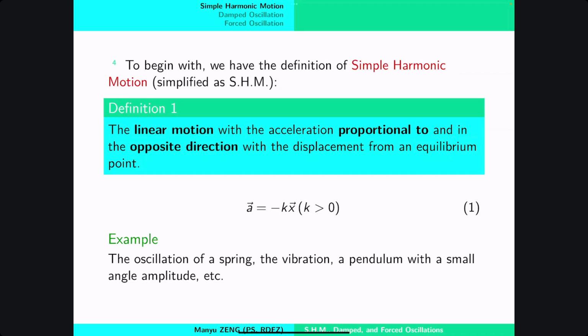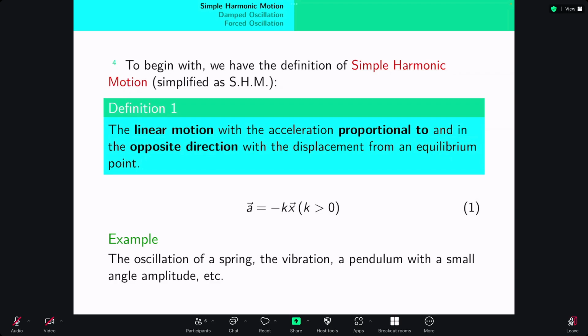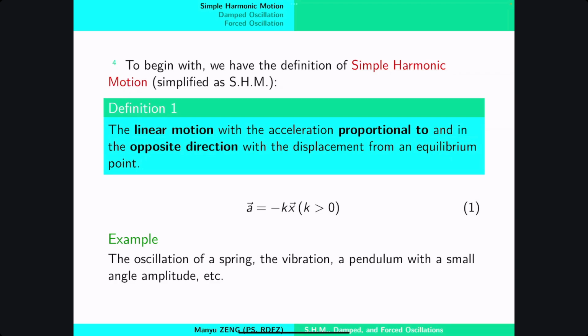So it will tend to make a tension. And if you compress it, there is a compression, and it will still have the tendency to go back to the equilibrium position. That's why it is in the opposite direction. And the spring has Hooke's law, which ensures that the acceleration is proportional to the displacement.